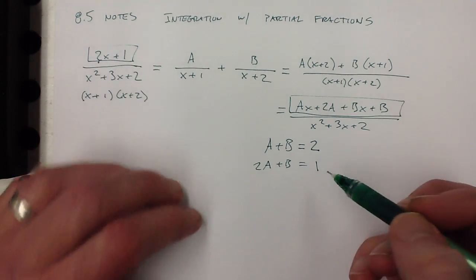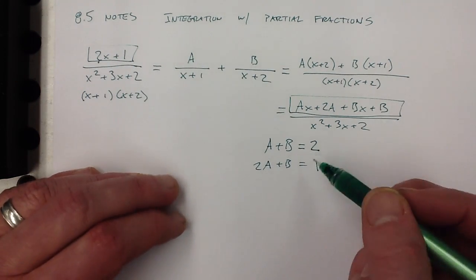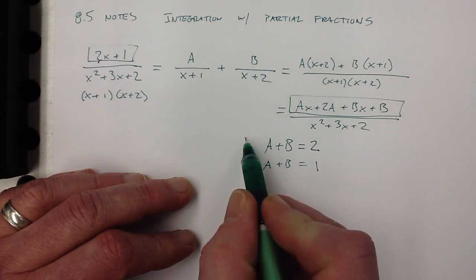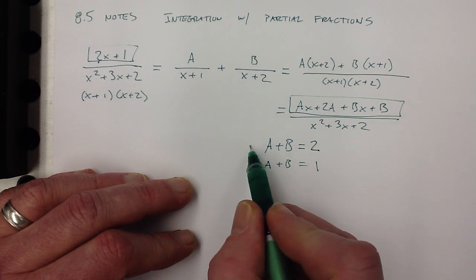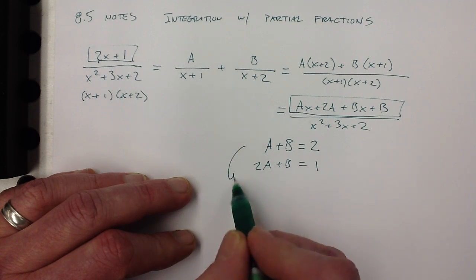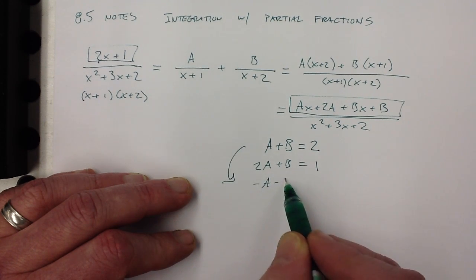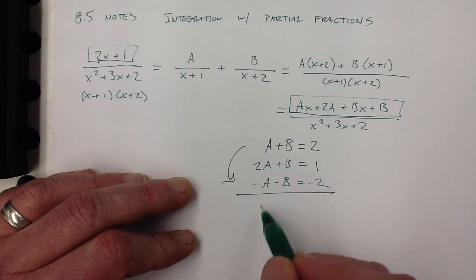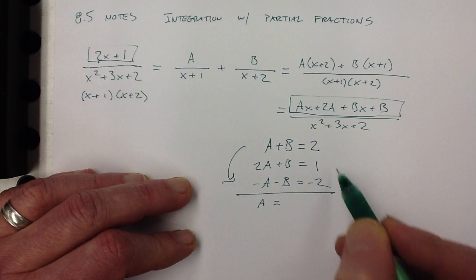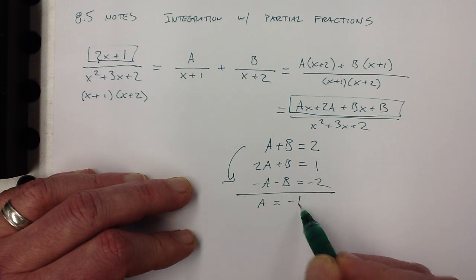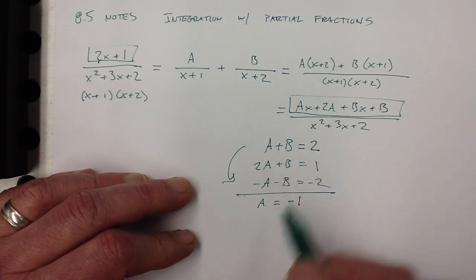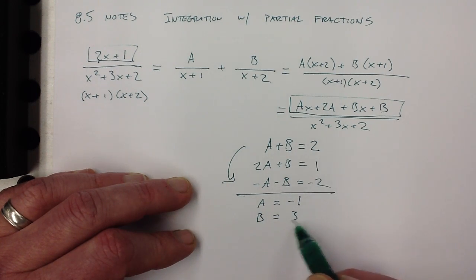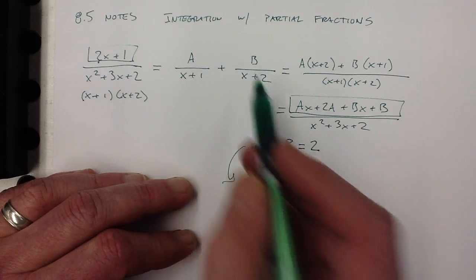This is a little 2-by-2 system, so you can solve this using substitution or elimination or whatever you want. I think the easiest thing to do here would be multiply this equation through by -1, and then add. That gives me a is equal to -1, and then plugging that back up here, that must mean that b is equal to 3. Right?